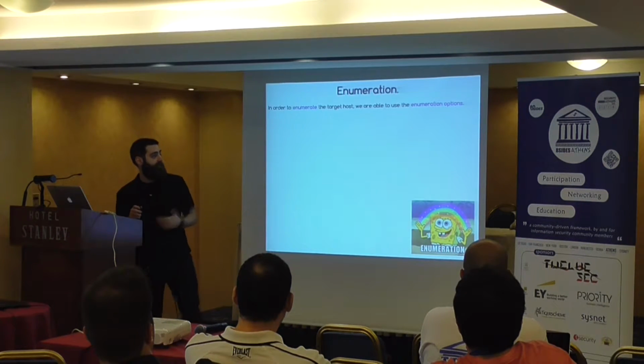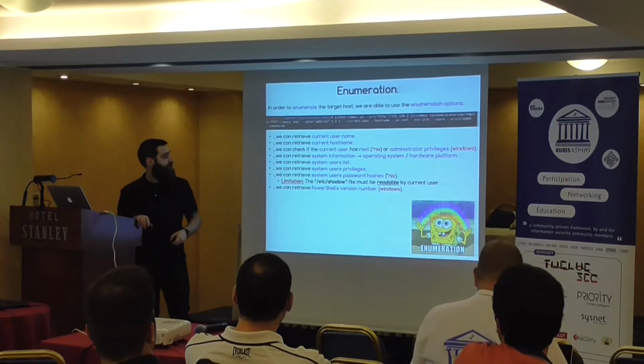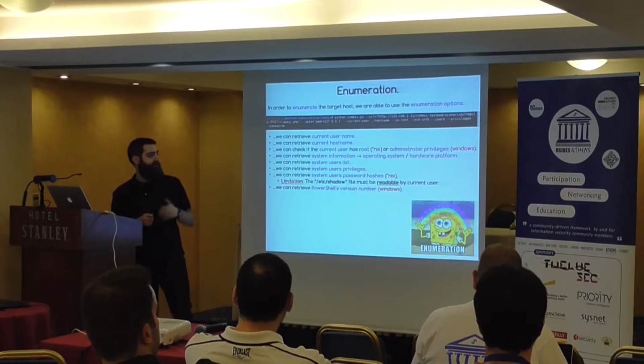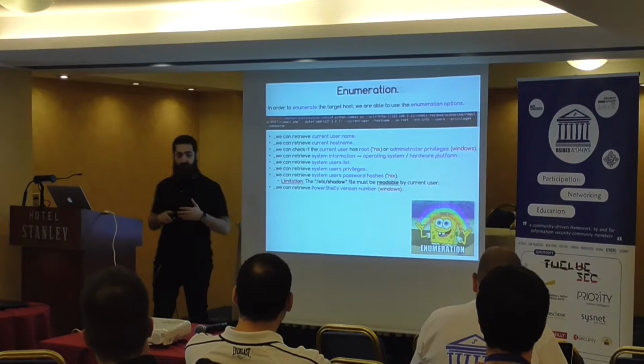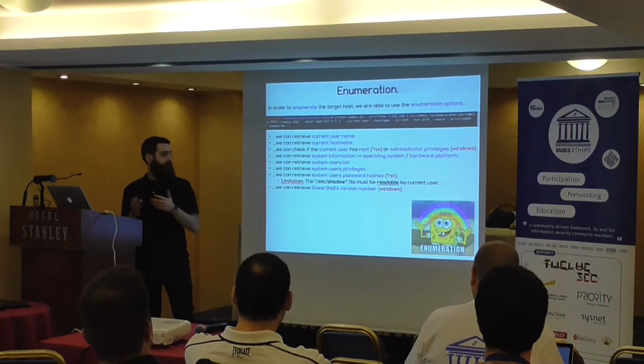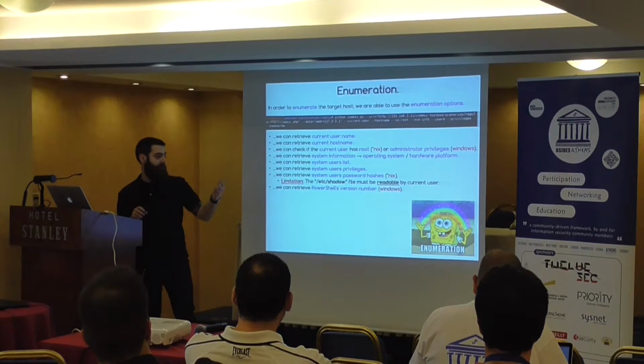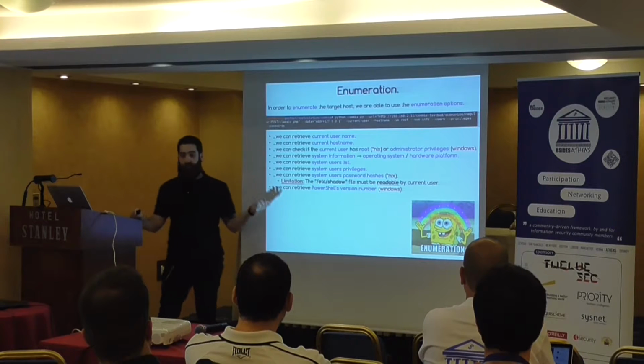In order to enumerate target hosts, we are able to use the enumeration options. Through these options, we can retrieve the custom username, current username, current hostname, and check if the current username has root privileges or administrator privileges. We can retrieve system information such as operating system, hardware platform, etc. We can retrieve the system users list, system user privileges, password hashes.